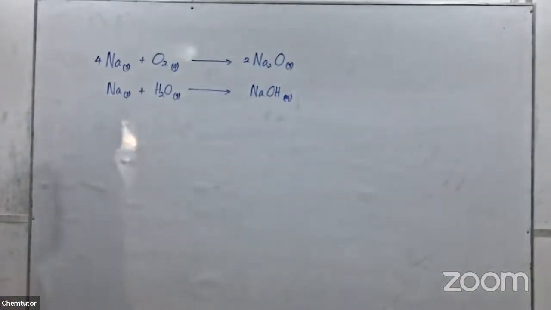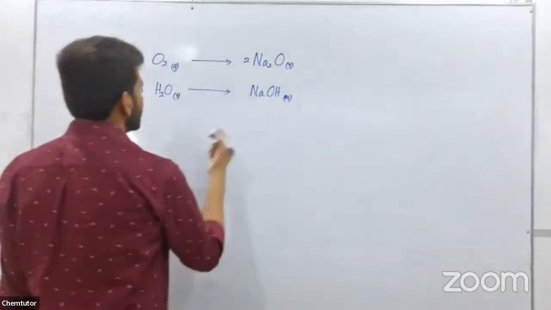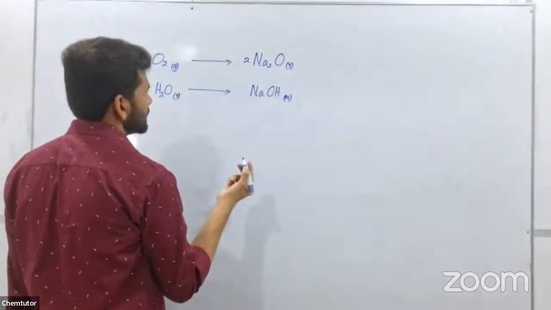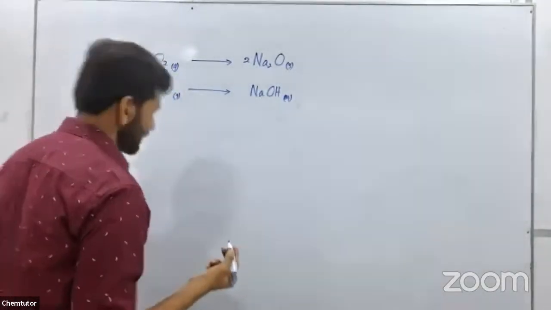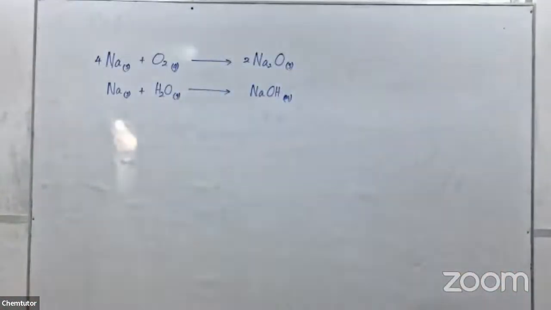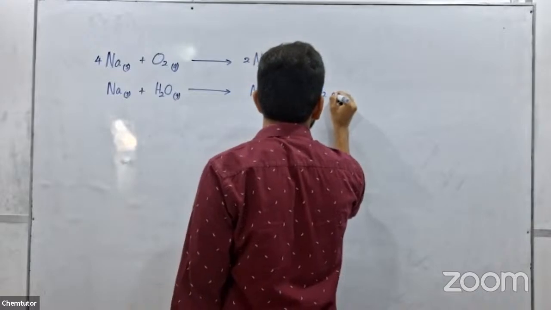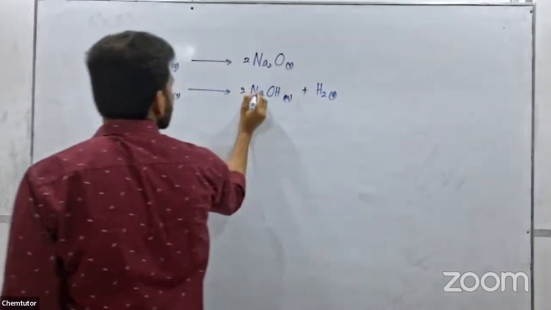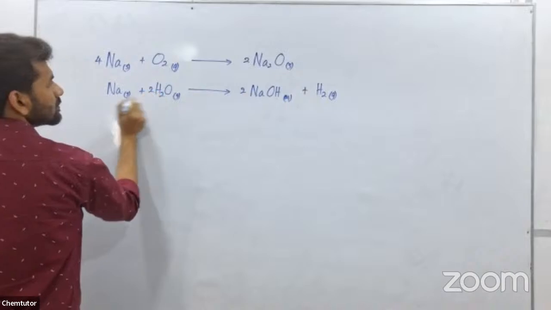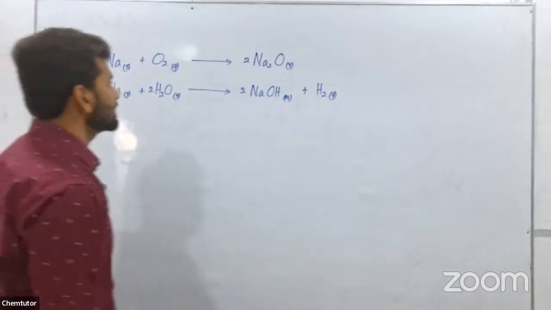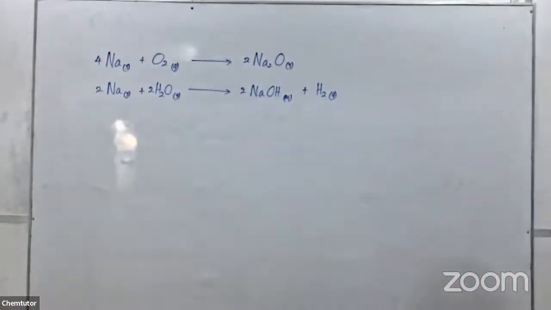We balanced it. 2 hydrogens, so we have to multiply it by 2. Then it will give sodium hydroxide, and H2 is also there. I forgot it. So we can balance it like that. That is again the reaction with water. Sodium reaction with water, even as steam, gives the same reaction.